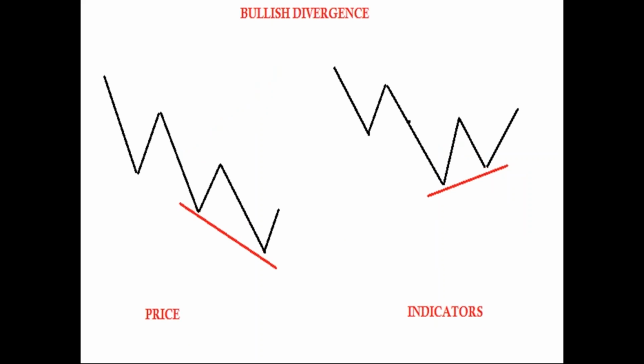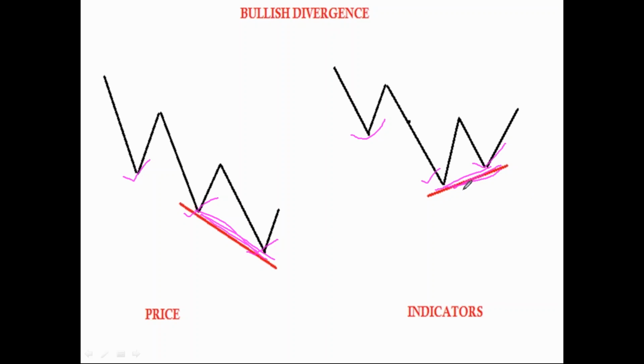And this is the bullish divergence. That means the prices are making lower lows. The indicator followed the price and suddenly the indicator does not make a lower low, it makes a higher low. So it does not follow the price.